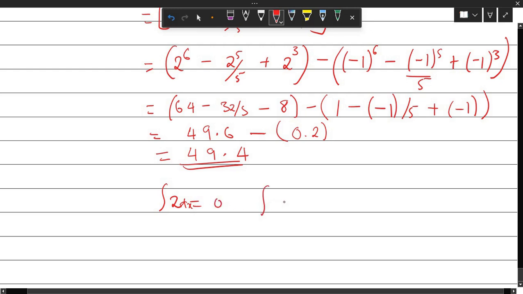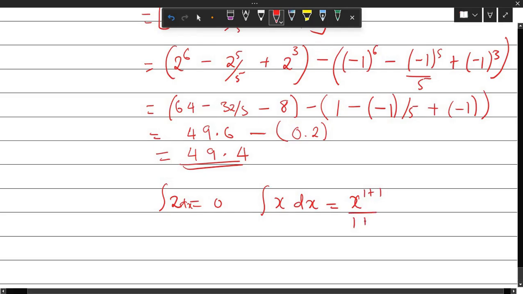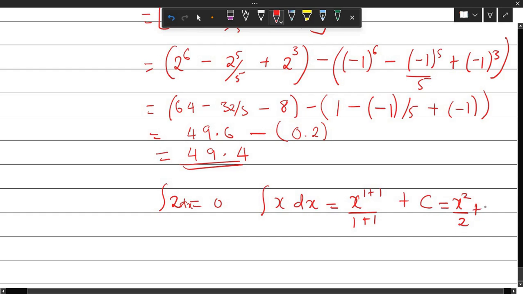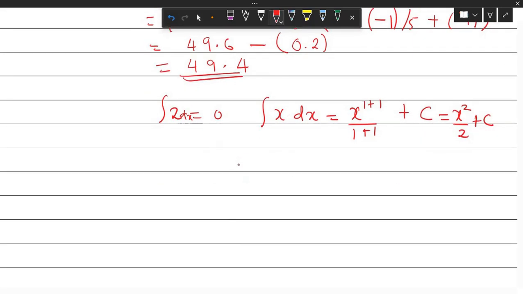If you are integrating a variable x, you add the power: x has the power 1, so you add the power, over 1 plus 1. Mind you, you add a c if you don't have limits. So this is the same as x squared over 2 plus c. Okay, it's just an emphasis.